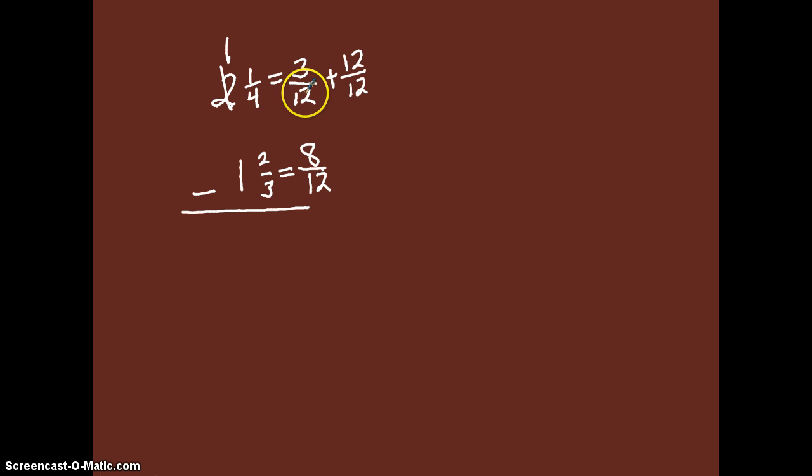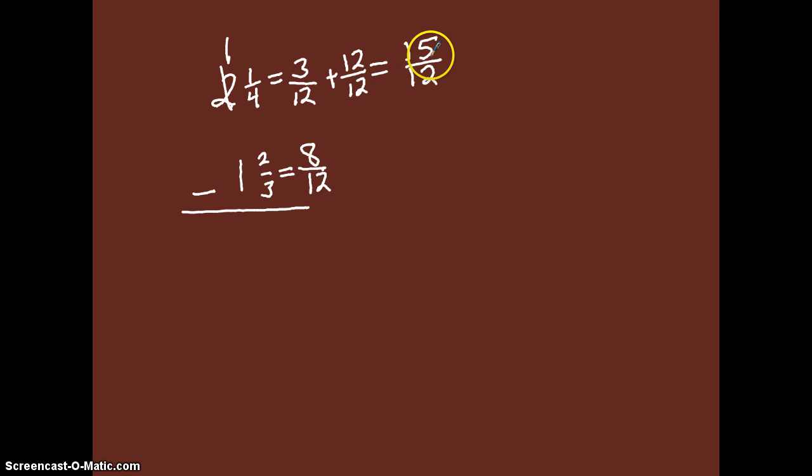So 3 twelfths plus 12 twelfths is going to give us 15 twelfths. Now we only add the numerators, the denominator stays the same. So here we have 1 and 15 twelfths, which is equivalent to 2 1/4. Subtract 1 and 8 twelfths, which is equivalent to 1 2/3.